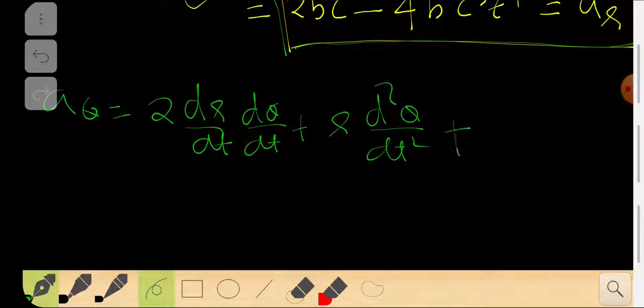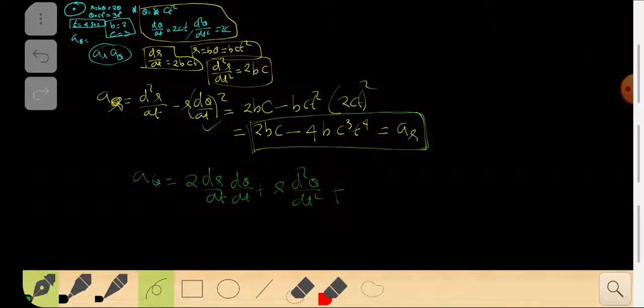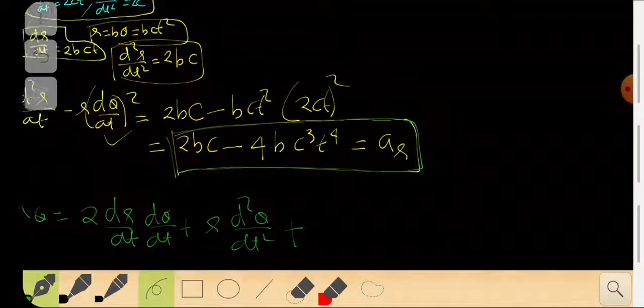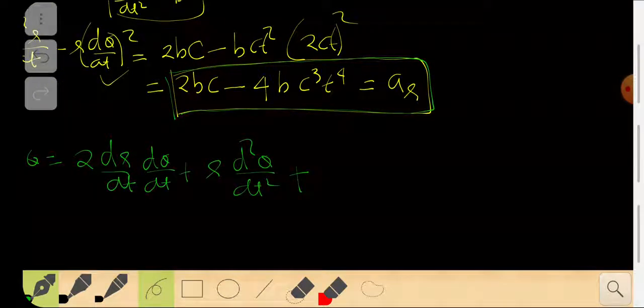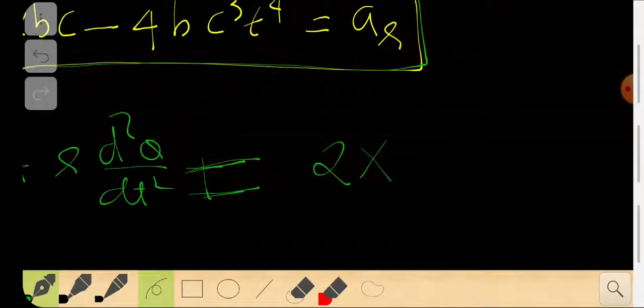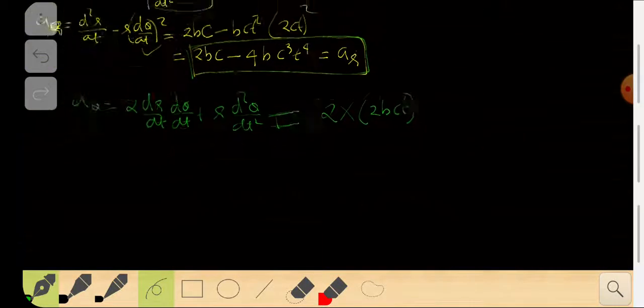So substitute that: 2 times dr/dt, and dr/dt is just 2bct, times dθ/dt.